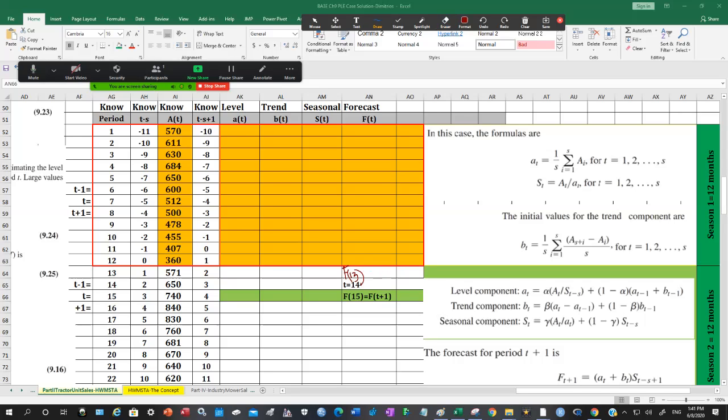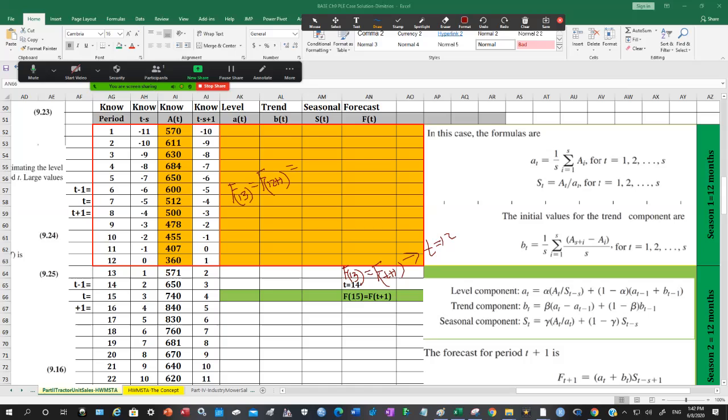Now, we use this formula, right? Equals to f of, this is t plus 1. So this means that t equals to 12. So we have f of 13 is equal to f of 12 plus 1.